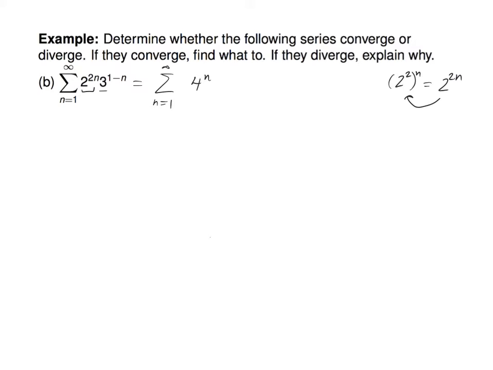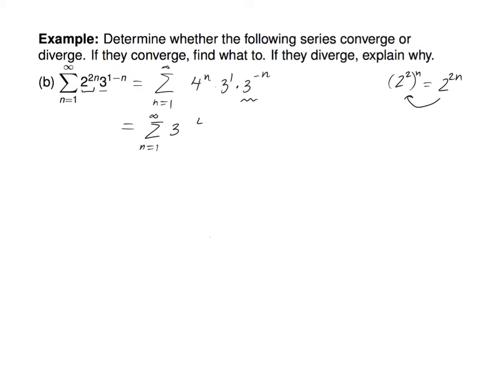I can break this 3 into 3 to the 1st times 3 to the negative n. Does that make sense? Okay, so then I can write that as, make your n's into a ratio now. So I have 3, and then what happens to the negative n power? Goes below.